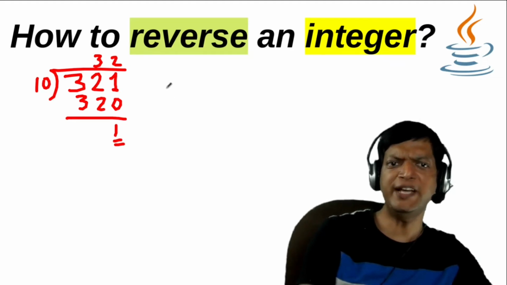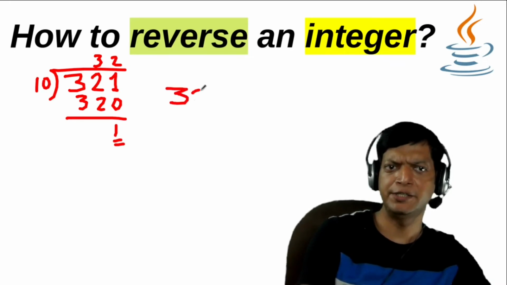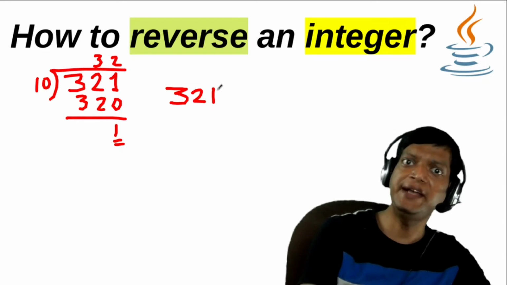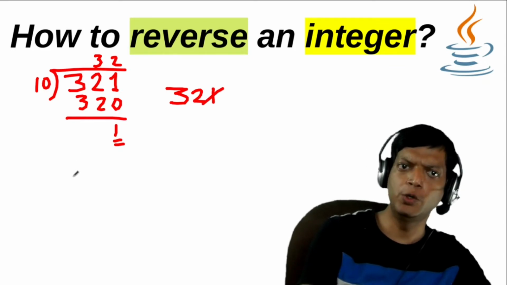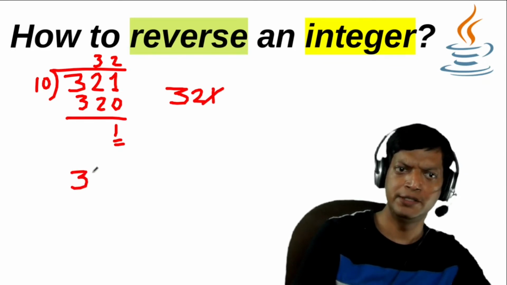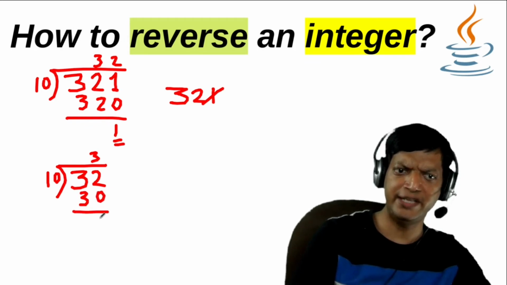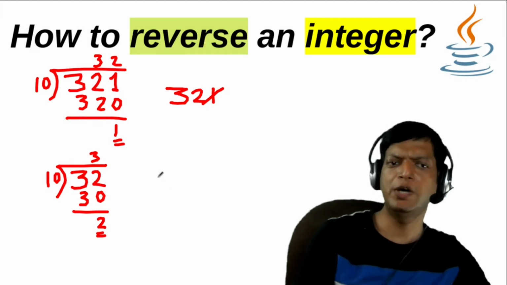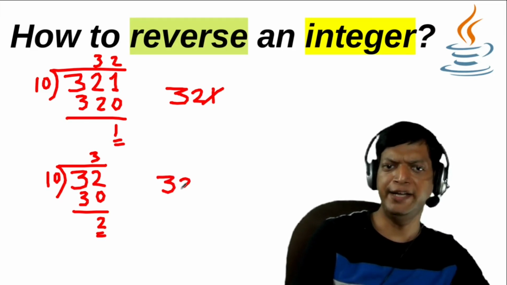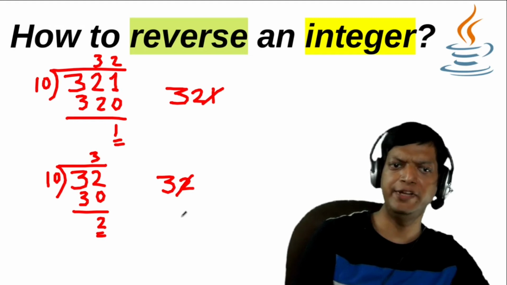Once we have got our last digit and we divide the number by 10, then the last digit will go off. So we'll get 32. Now if we divide 32 by 10 again, 10 into 3 is 30. And this time we'll get the digit 2 out. Now if we again divide 32 by 10, we get 3.